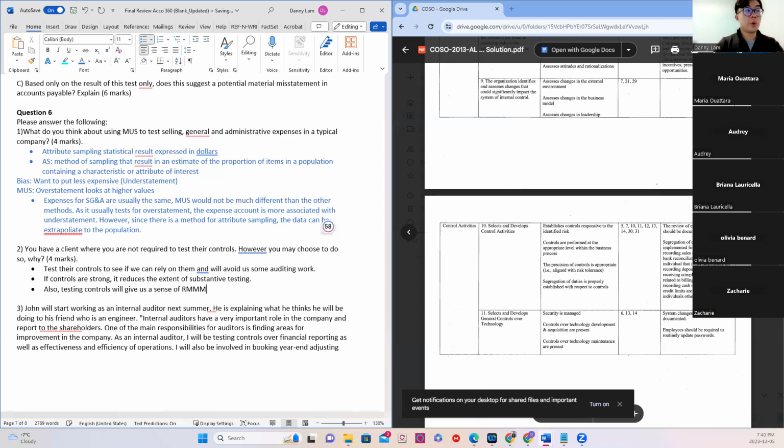Remember what we did before for the midterm, RMM equals two things: the controls and inherent risk. So if you're looking at the controls, you're assessing where the risk could be, and that's where you would go for less or more substantive testing. Is that clear? Good. No questions. Let's move on.